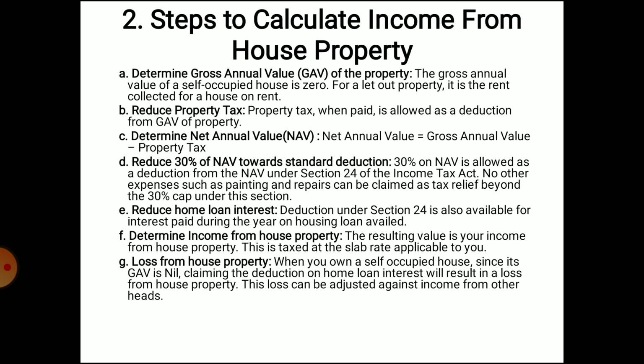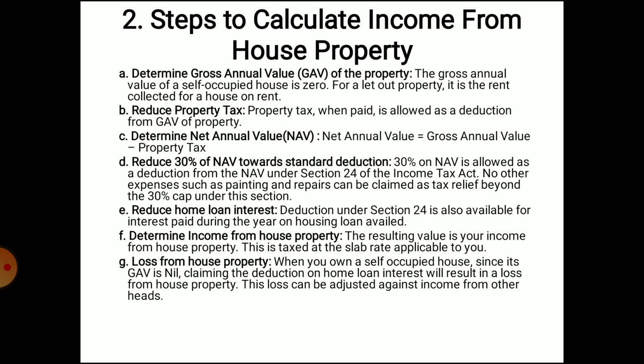Then reduce 30% of the net annual value towards standard deduction. As per section 24, 30% of the net annual value has to be reduced as the standard deduction. Once you reduce that, then reduce home loan interest. If you have taken any home loan, the interest on the home loan has to be reduced.